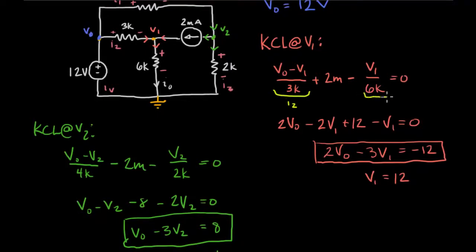This right here is I0. This right here is I1. And this is I3. Okay, so the only current that we don't know is IV right here.